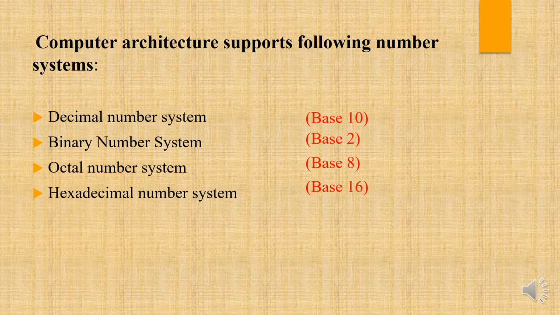Okay, so the decimal number system is generally used by us, and we can say it is a human-used number system. Then the binary number system is generally used by computers. Okay, and octal and hexadecimal numbers are generally used by computers, and it is used in microprocessor programming. All right.